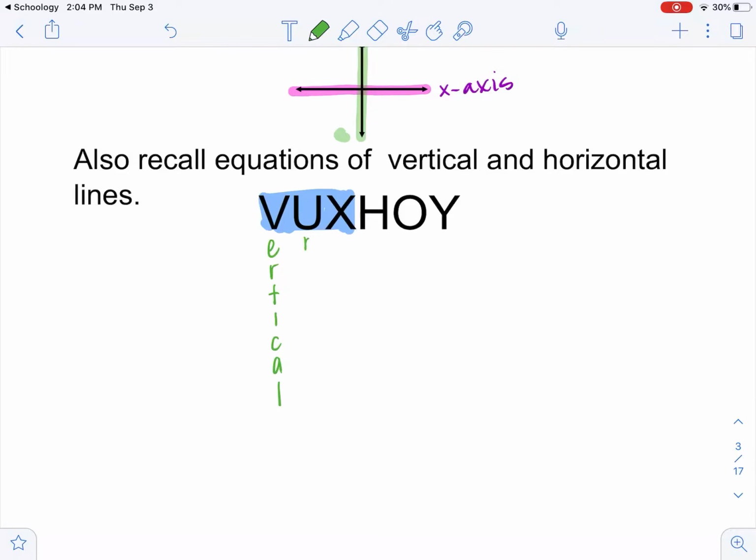Vertical lines, they are undefined. That's talking about their slope. But we don't need slope yet, which is next chapter, but it's nice to know, right? Vertical lines are undefined and they are always x equals. It's not y equals, it's x equals.